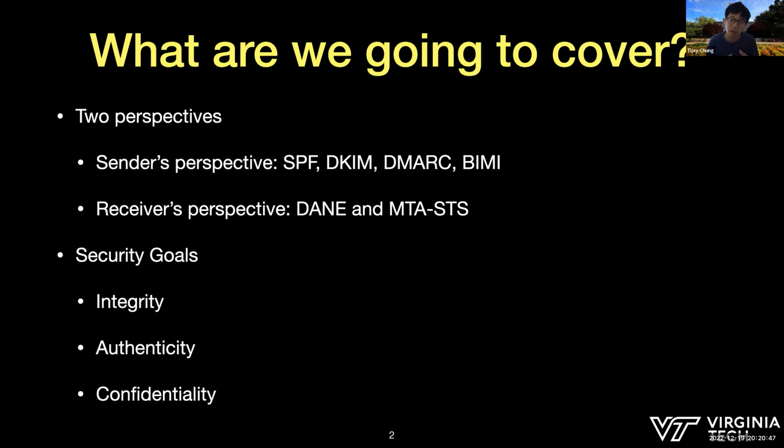The reason why I would like to set up these criteria first is because, again, there are a bunch of email security protocols. You might be wondering, "Hey, professor, why are there so many internet email security protocols?" One main reason is to support backward compatibility.